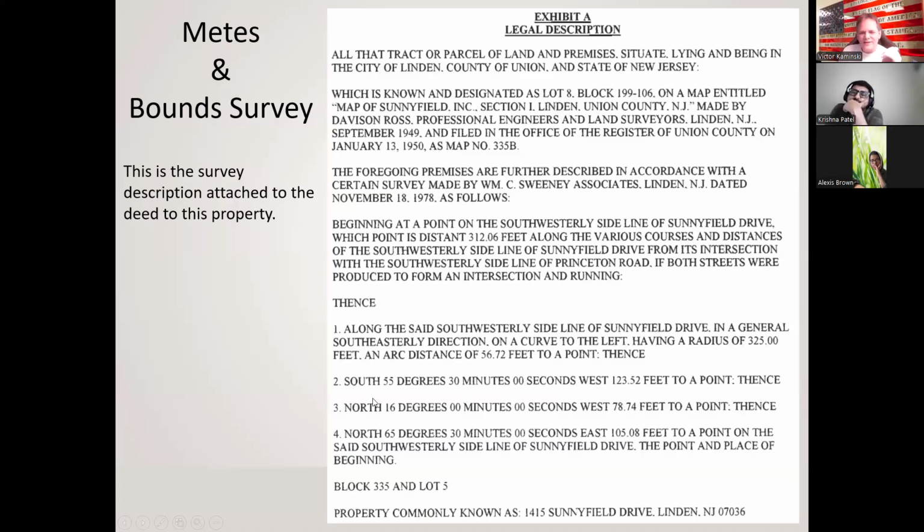And then they talk about measuring from that point of beginning around the property, south 55 degrees, 30 minutes and 0 seconds, west 123 feet. This is the way they're doing their measurements. And then they draw us a map. That's why I said, if you got this map, good luck finding the actual boundaries of your property. You need to pay them the fee to just put the damn stakes in the ground so that you could wrap a string around it and see where the property line is.